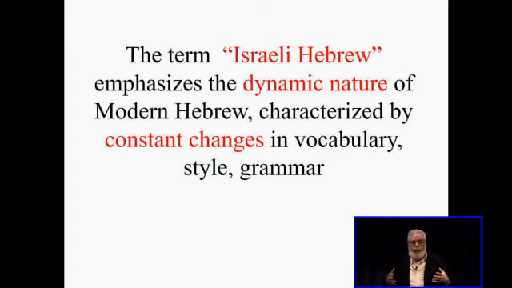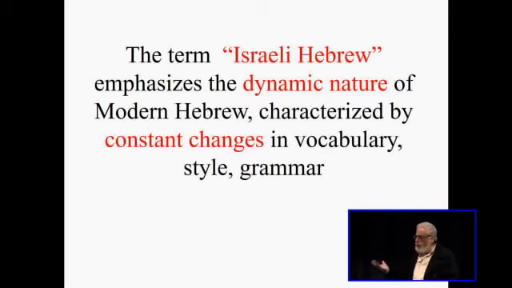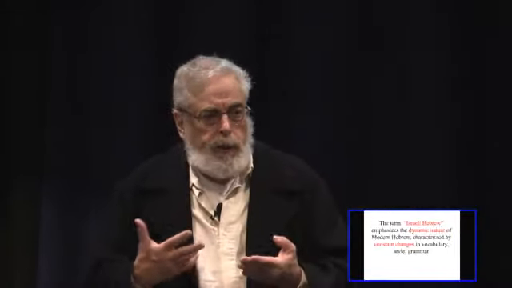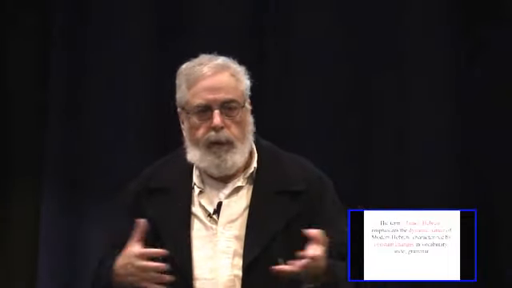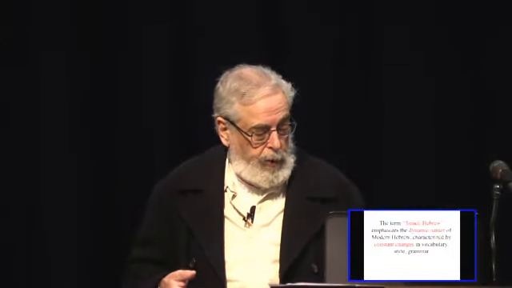Israeli Hebrew means that in Israel we speak Hebrew, but it's not exactly the language of our ancestors, of classical Hebrew. It is growing and changing, and we see a little bit how it changed. It changed in many directions, and we have to understand how, and of course, change is the name of the game. If you want to survive, you have to change all the time, also in language.